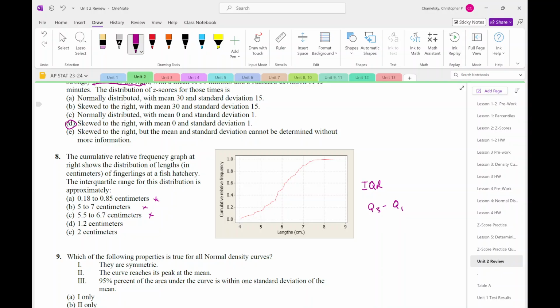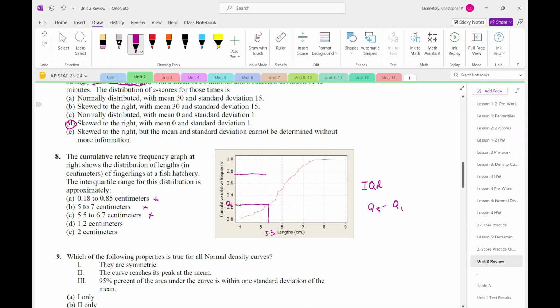Well, how do we figure out what Q3 and Q1 are? Well, the first quartile is at the 25th percentile, so somewhere around here is Q1. So where does that hit our graph? I don't know, somewhere right about here, maybe 5.3-ish, guesstimating. And then where is Q3? Q3 is somewhere about here at 0.75 or the 75th percentile.